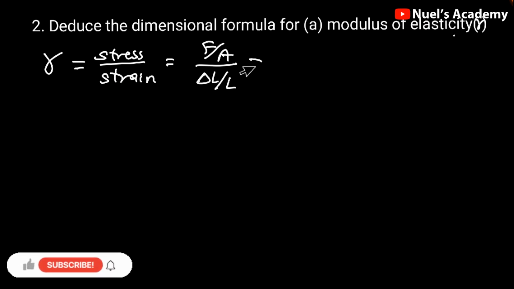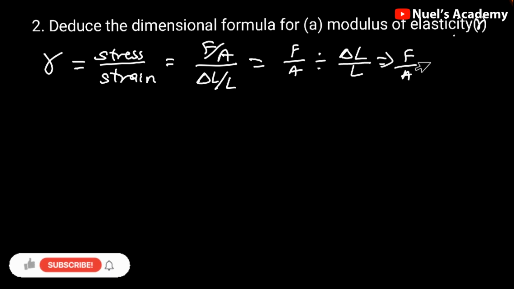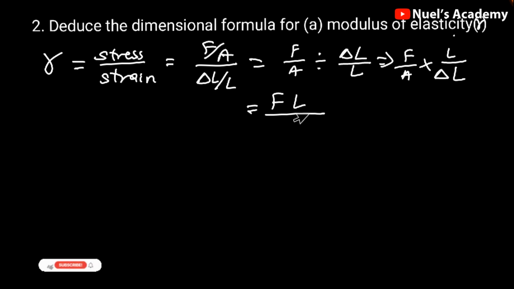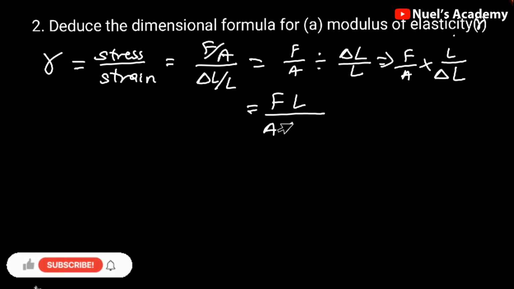Now if we simplify this, we are going to have F over A divided by change in length over the original length. So this is going to be F over A multiplied by, we are going to take this denominator to the numerator, so L over, then take this one to the denominator, over change in L. So overall it is going to be F times L over area times change in L. Now let's apply the dimensions.